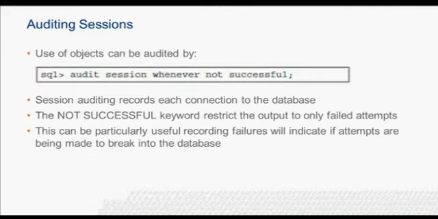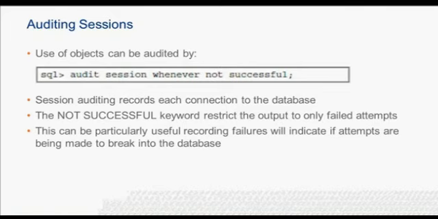If we just want to audit user sessions trying to connect with the Oracle server, whether successfully or unsuccessfully, we can enable session auditing. In this auditing, all the connections with the Oracle server will be monitored, including IP addresses, client software and users. This can be particularly useful as recording failures will indicate if attempts are being made to break into the database.